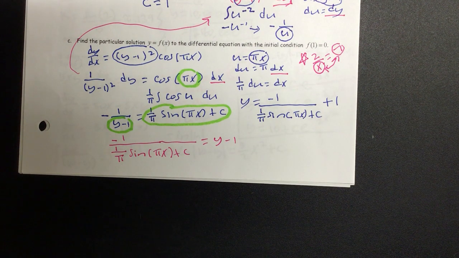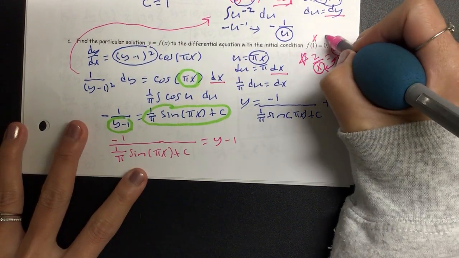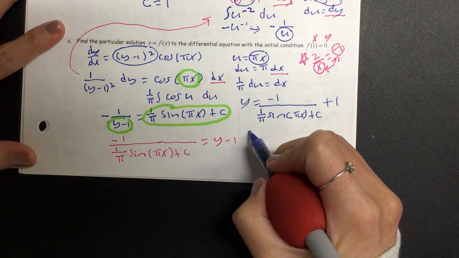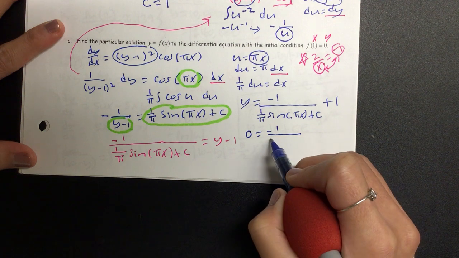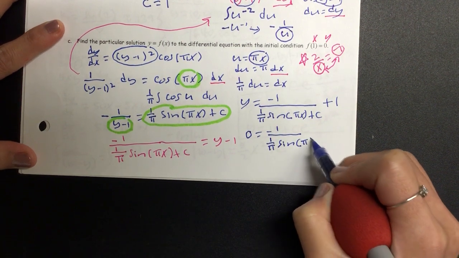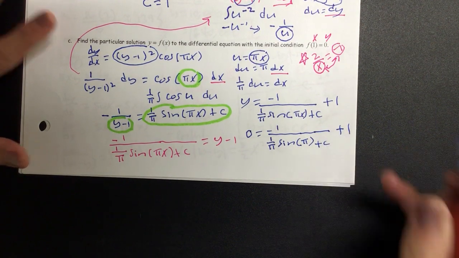And then what's our problem from here? See, here's my x, here's my y. So we have my y is equal to 0. Then let's plug in 1 for my x. 1 over pi, sine of pi, plus c. And don't forget that plus 1 at the very end.